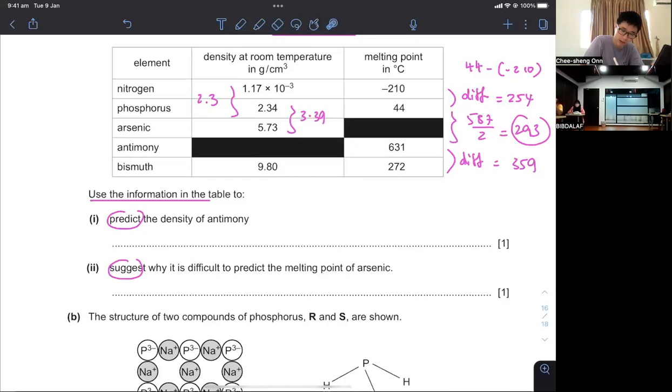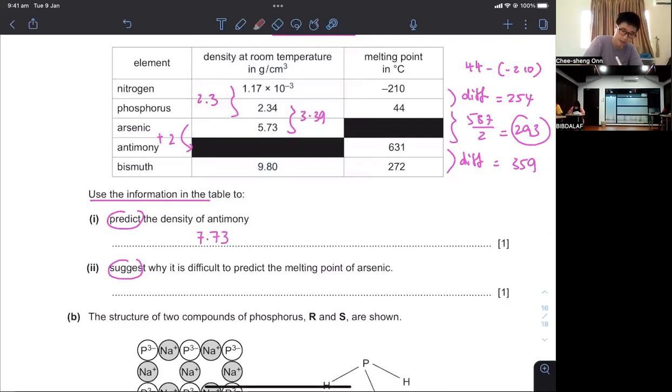So give or take, you will add another 2, around plus 2.2, 2.3 like that. 5.73 minus 9.8 is 4.07. So maybe plus 2 then instead of plus 2.2. So 5.73 plus 2, 7.73, 7.7 should be all right.